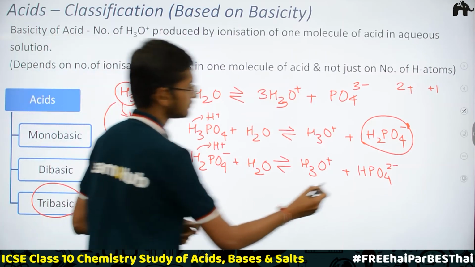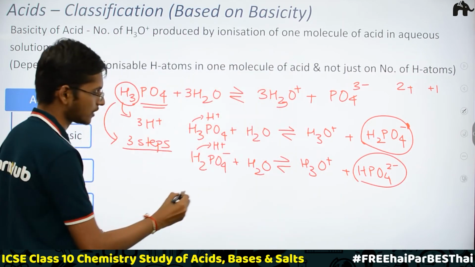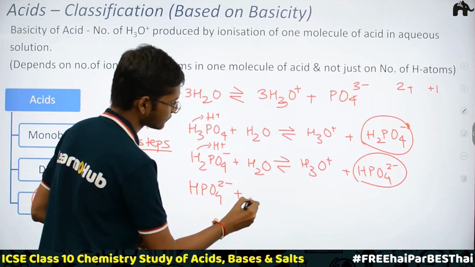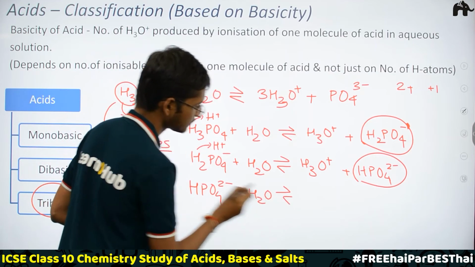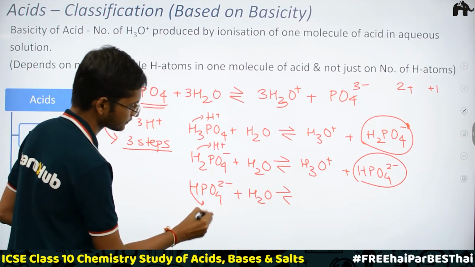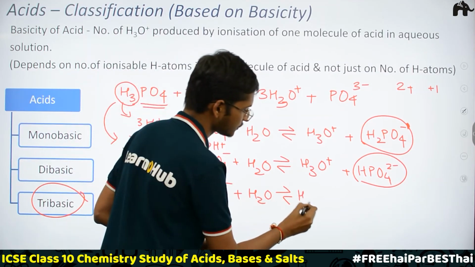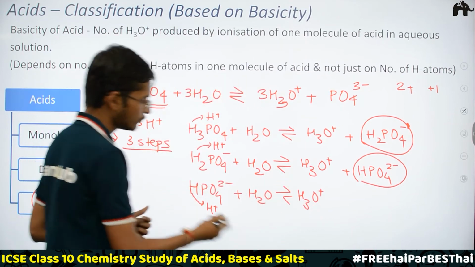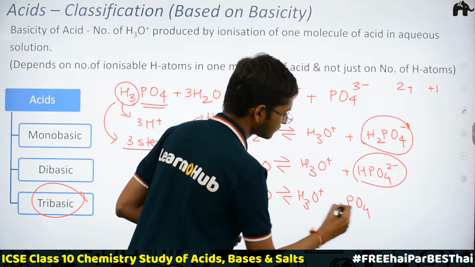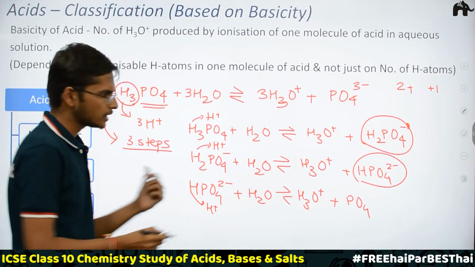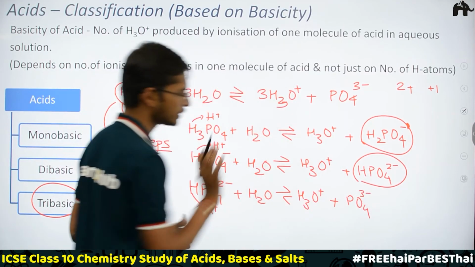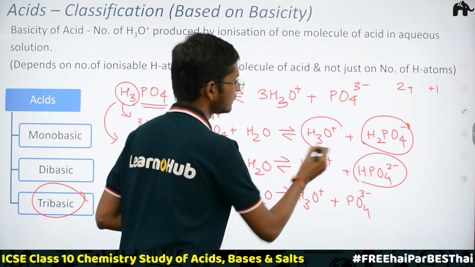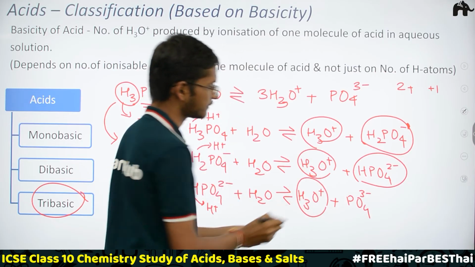Now again, this HPO4 2 minus ion would again lose 1 H plus. Again H3O plus is formed, and what would be remaining now? PO4. We already know PO4 has 3 minus charge, so we have simply written it. In this way you can clearly see that 3 H3O plus ions are getting formed.